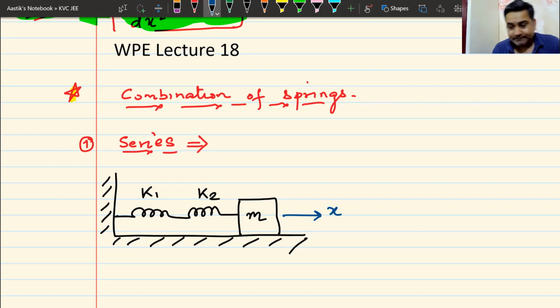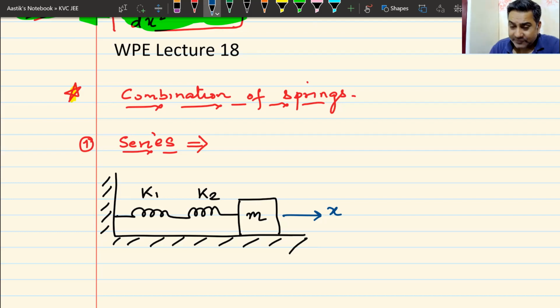Anyone? Please let me know. I move this block by x. What about the extension in the spring? Any idea?